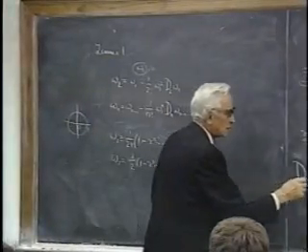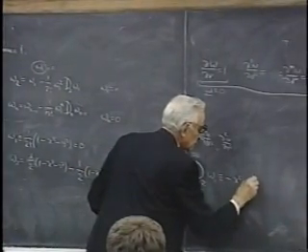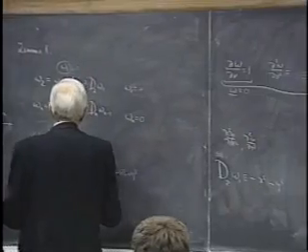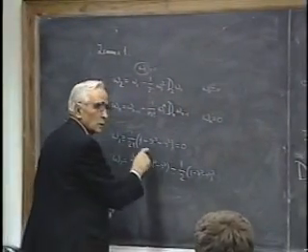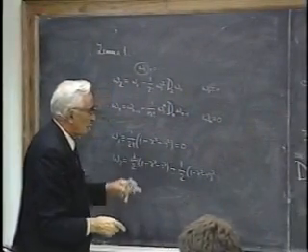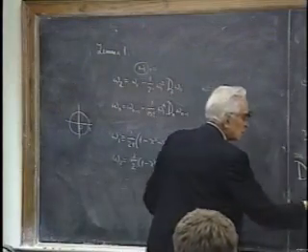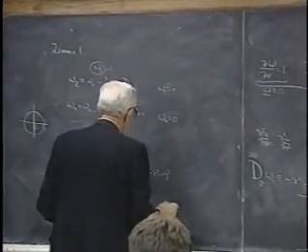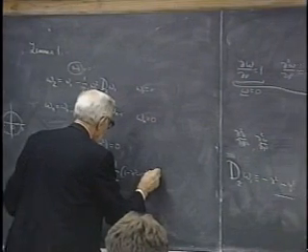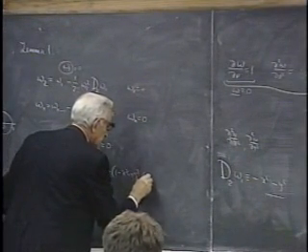And the same for y squared. The next derivative is 0. So we must multiply this, minus x squared plus.